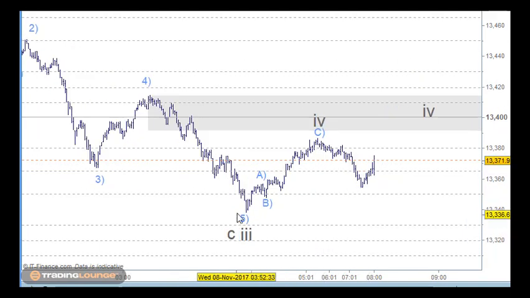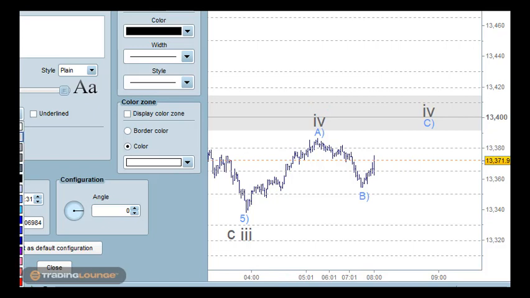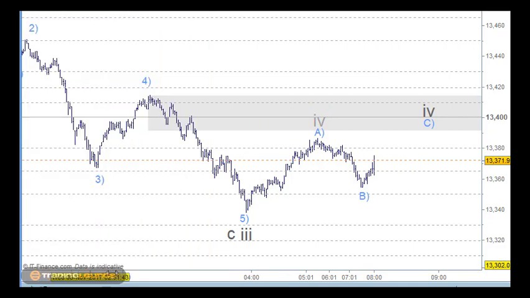I've got this as an A and a B and a C here for the time being, but I've also got wave 4 over here as well. So it's also possible to have this as the B wave here and the C wave over here and the A wave here. So I'm just going to configure that text here and dull that out, because this is more likely the case.